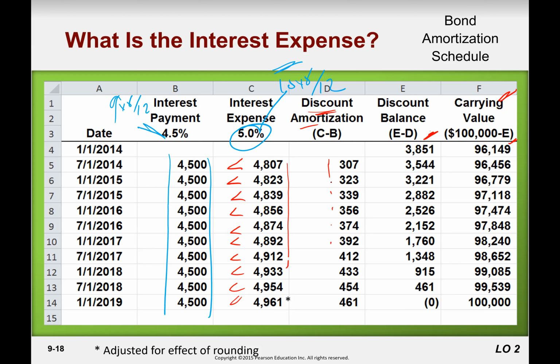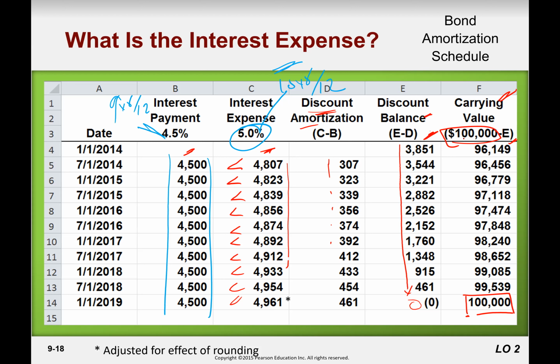These are the differences between interest expense and interest payments. And all these are less from the balance of the discount. And did you notice something? That the discount is going to be decreased until it becomes 0. So when discount is decreased, you see the carrying value is equal to the face value of the bond.